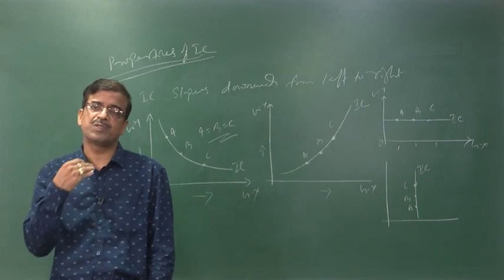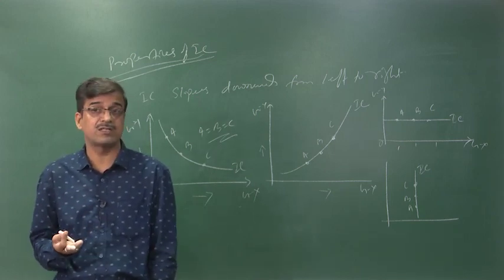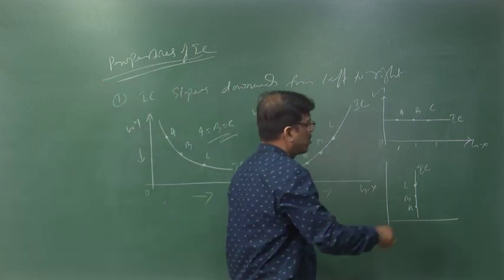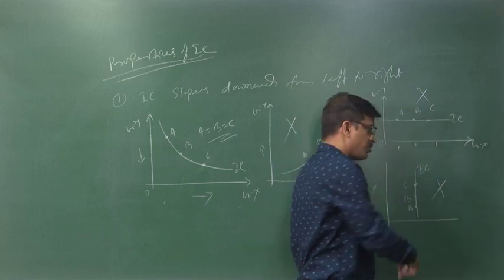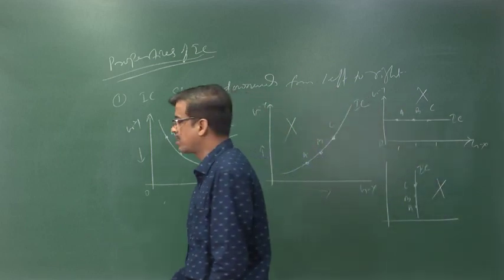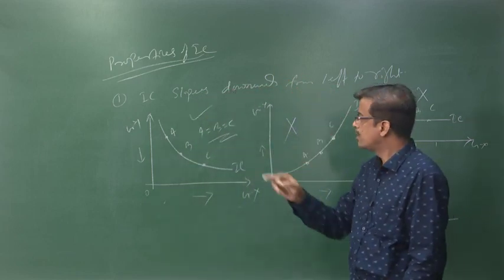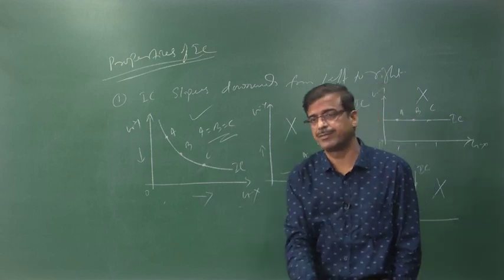If you consume more of y, definitely x must reduce, but in this case that is not possible. So this is not possible for an upward sloping curve, a horizontal straight line, or a vertical straight line. The last option is that the indifference curve always slopes downward from left to right. That is the first property.